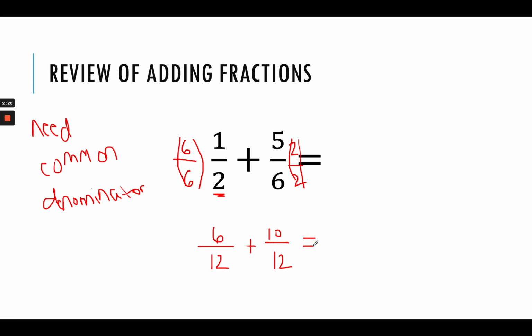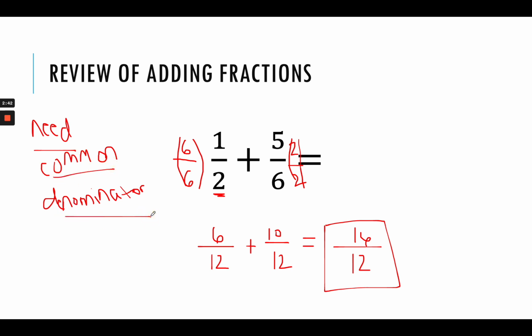So now that we have a common denominator, we can use that down there, and then we just do 6 plus 10, which is 16. So 1/2 plus 5 over 6 is actually equal to 16 over 12. So main thing, you need a common denominator, and that's essentially what we're going to be doing with rationals.